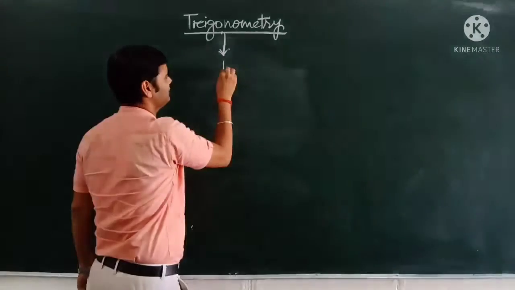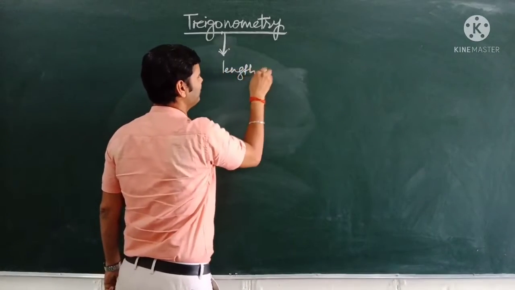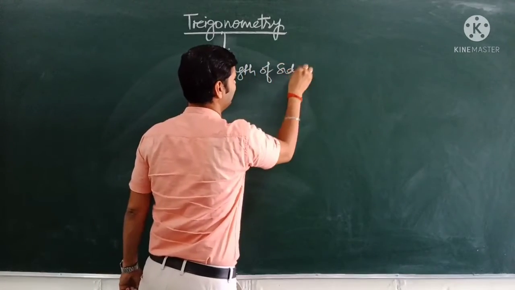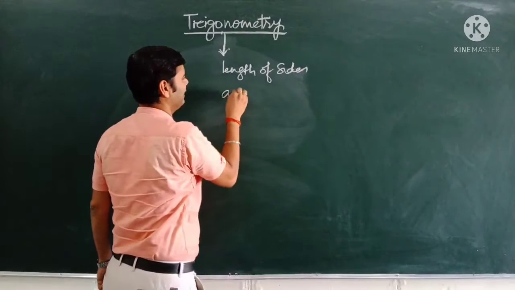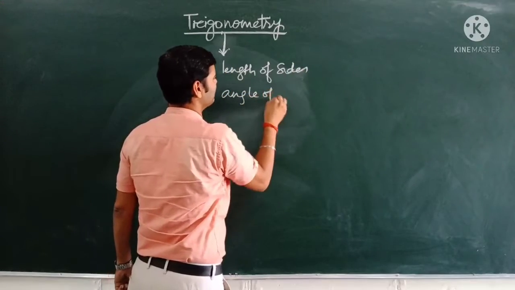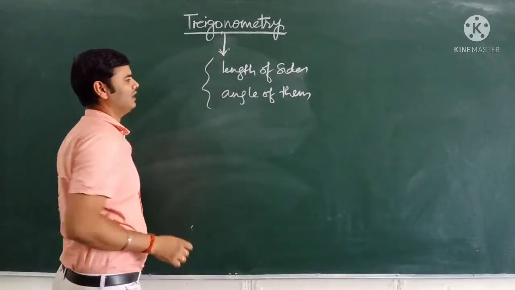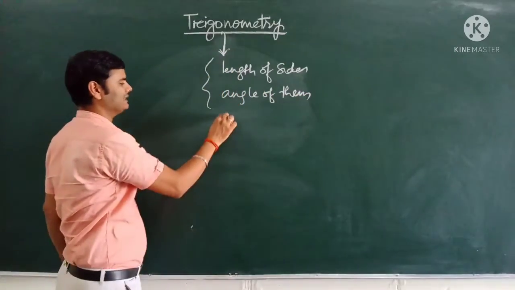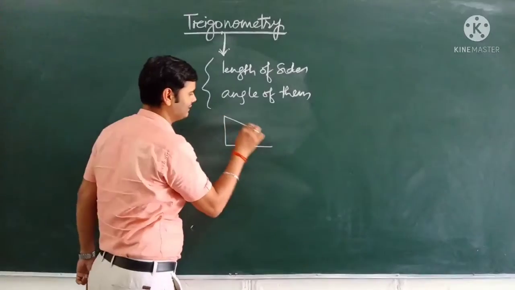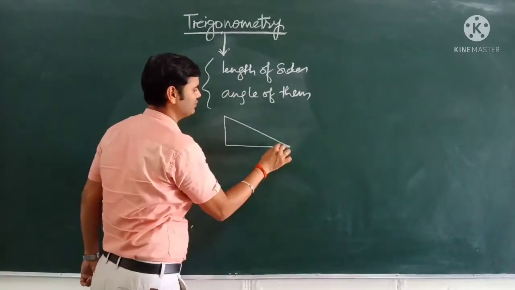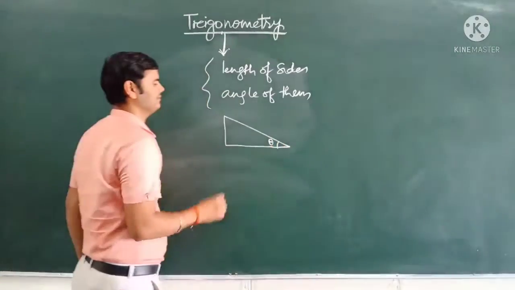and angles of them. That means, according to a triangle, suppose this one is the angle theta.